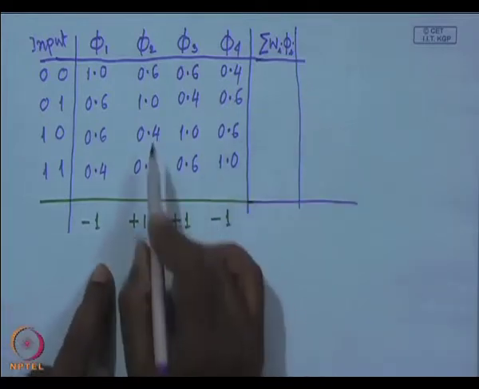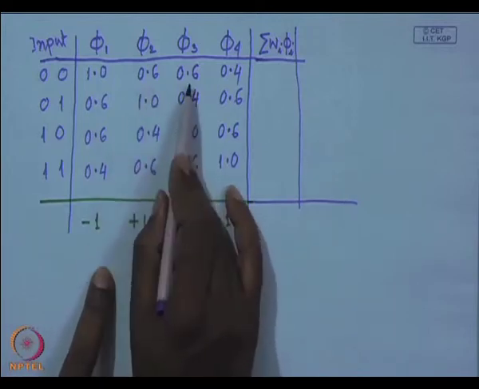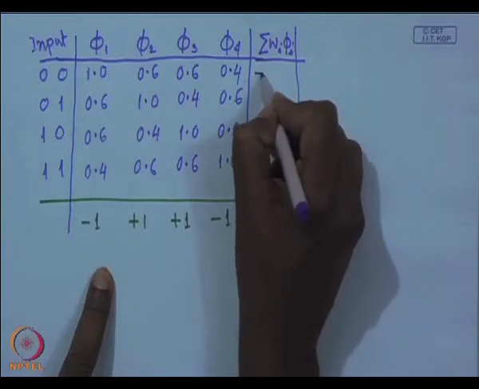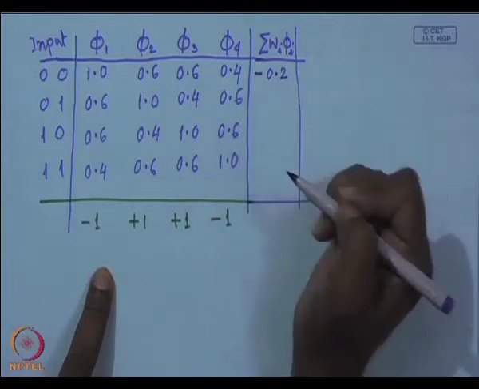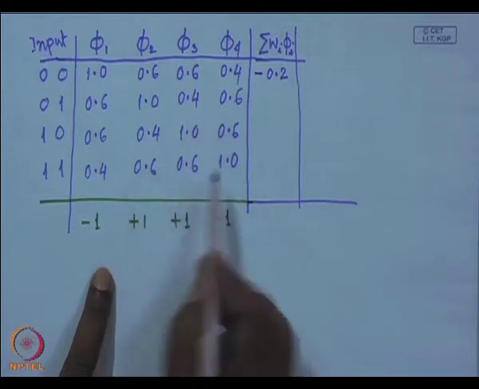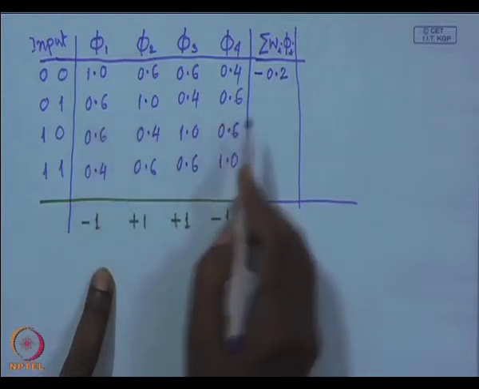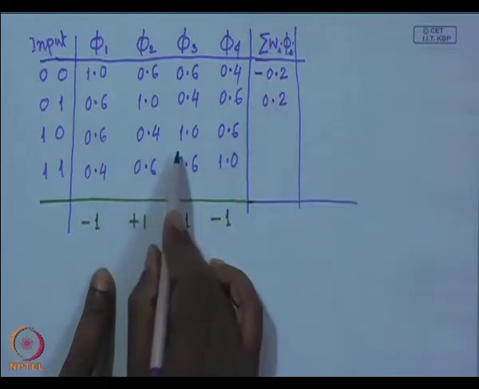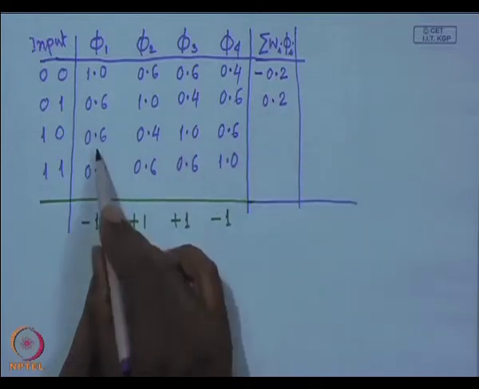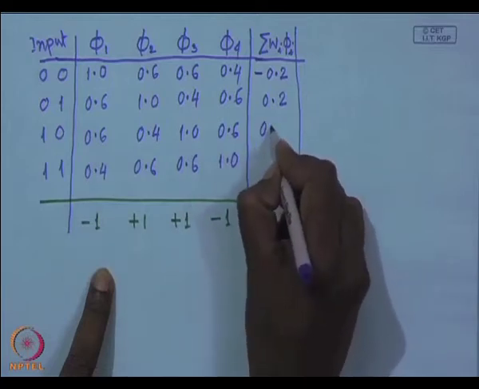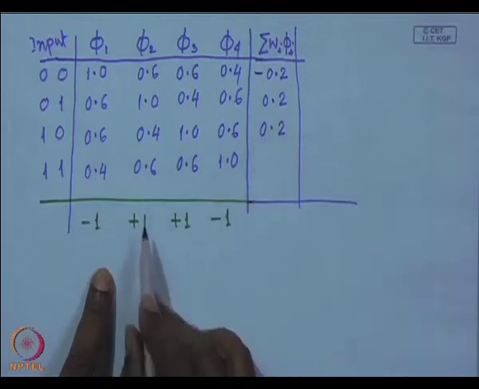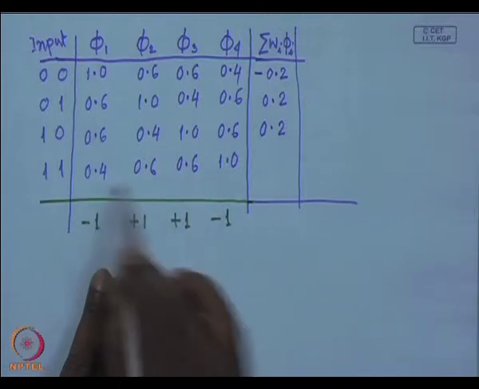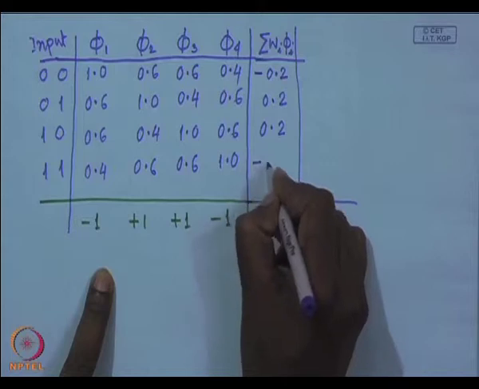So, here it will be 0.6 plus 0.6 is 1.2 minus 1.4, this will be minus 0.2. Similarly, here it will be 1.4 minus 1.2, so it will be plus 0.2. Here again it will be 1.4 minus 1.2, so this is plus 0.2, and here it will be 1.2 minus 1.4, so this is minus 0.2.